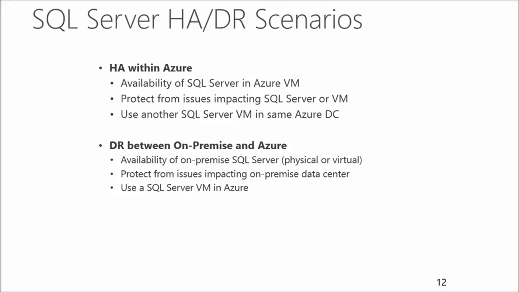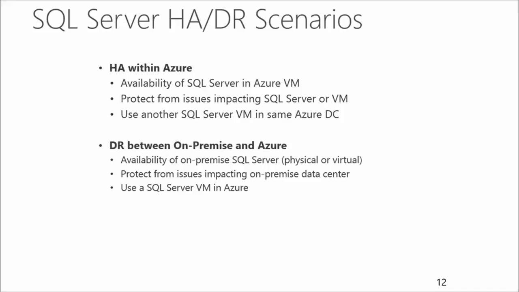We have 2 scenarios. The first one is you have your SQL Server running in a Windows Azure VM, and you want to make sure that you have high availability for SQL Server. This works exactly the same way it works on-premise, where you can have replicas, and those replicas are available for automatic failover, so that if the primary replica goes down, you have another replica that can take over very quickly. We'll give more details on that.